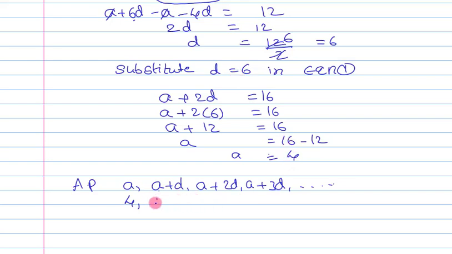So a plus 6, a plus 2 into 6, and a plus 3 into 6, where a is 4. So 4, 10, 16, we get 22, and so on. So this is the required AP.